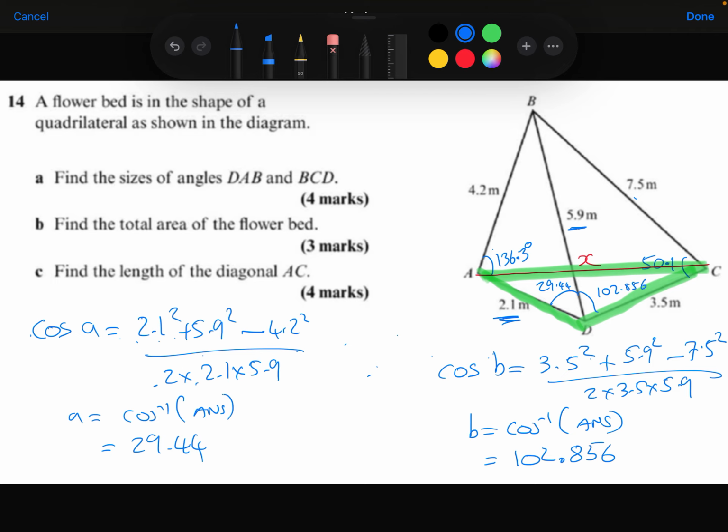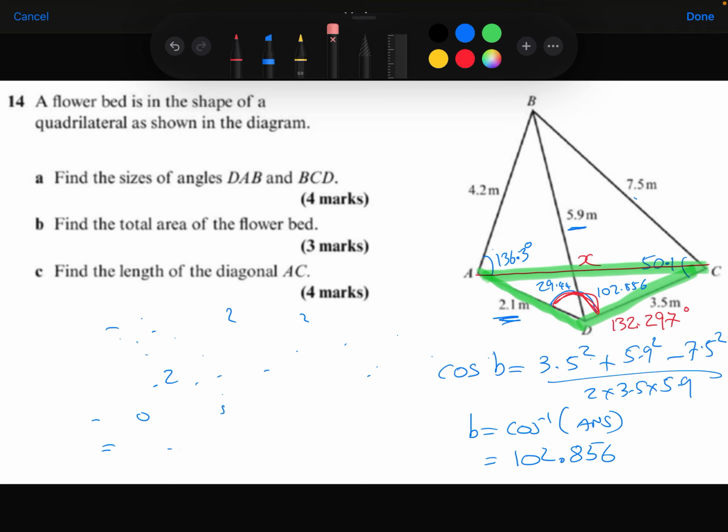So if I add those two angles together now, that's going to give me this total angle, which is 132.3 degrees. Which I can now use to do the cosine rule to work out the side x, the diagonal AC.